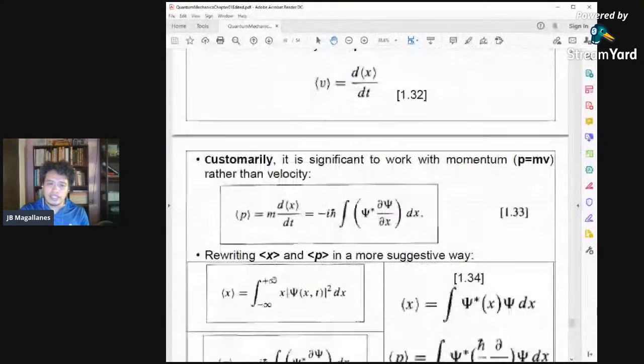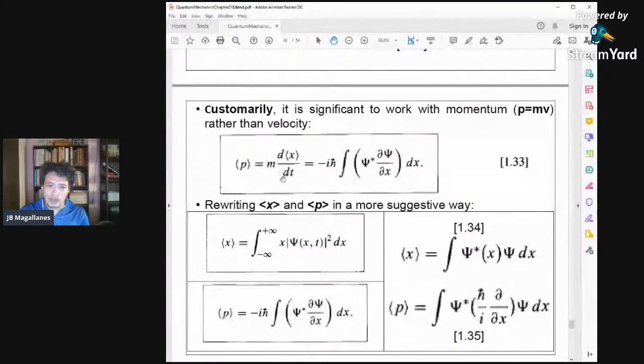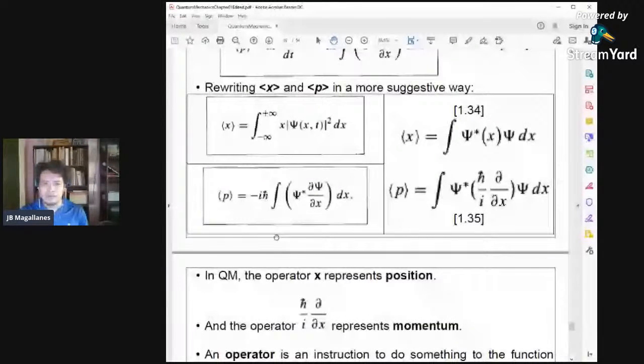So this is the expectation value of the momentum: negative i h bar times the integral of this one. We can rewrite them in a more suggestive way.